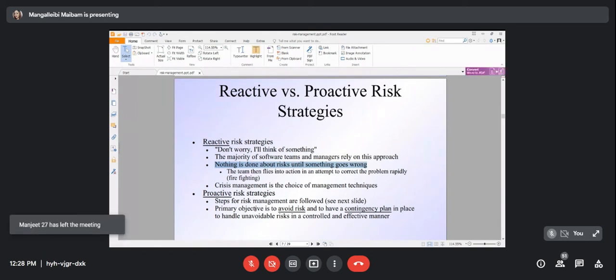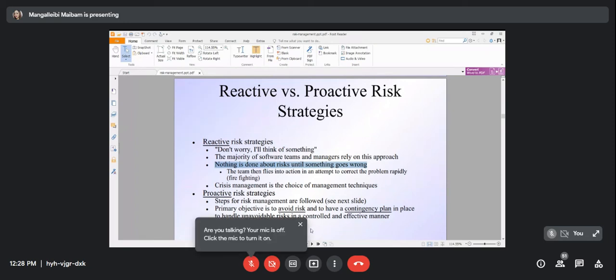Whereas in proactive, in order to avoid any kind of risks, we will have a contingency plan. We will have a contingency plan in order to handle or avoid the risks that might occur. That is proactive strategy.